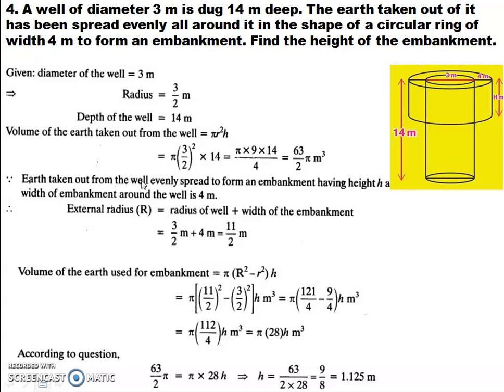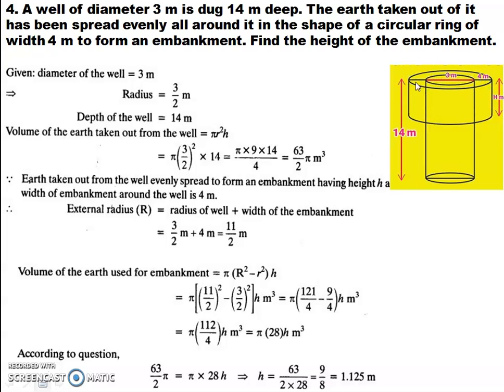Earth taken out from the well is evenly spread to form an embankment having height h, and width of embankment around the well is 4 meter. So, how will you take the external radius? Take this as a cylinder.